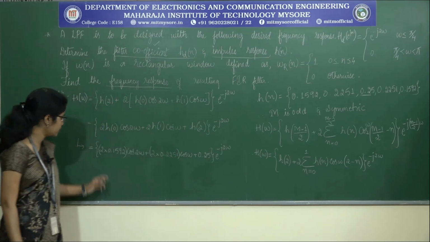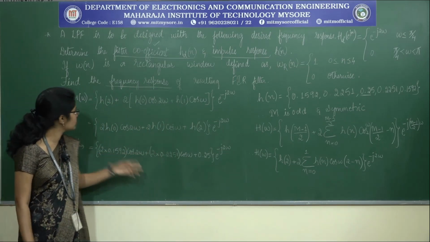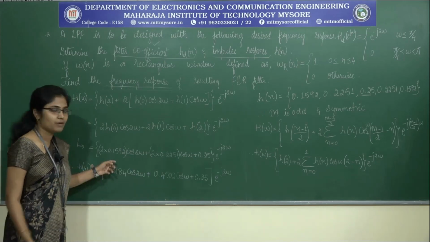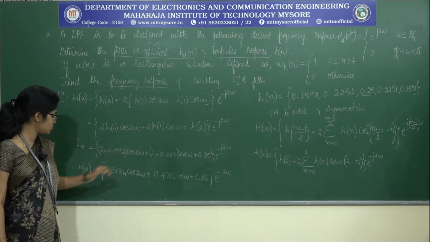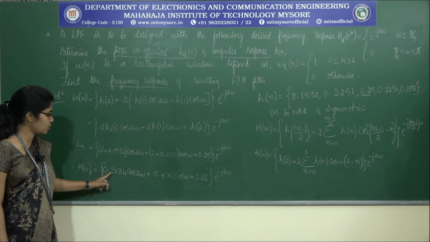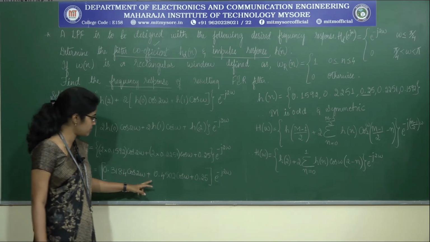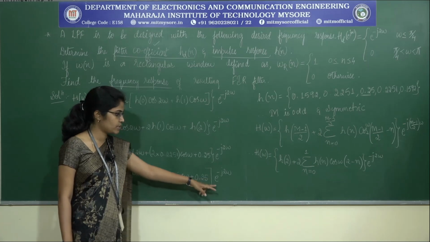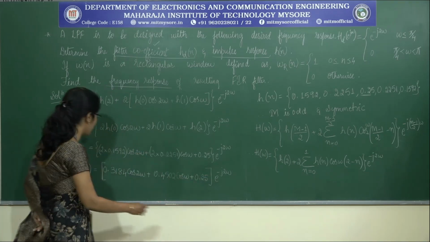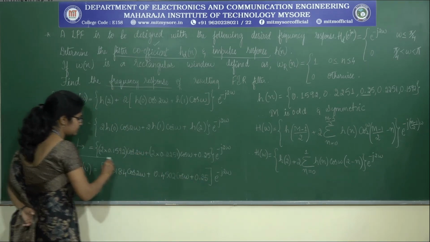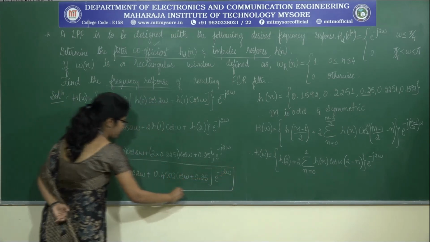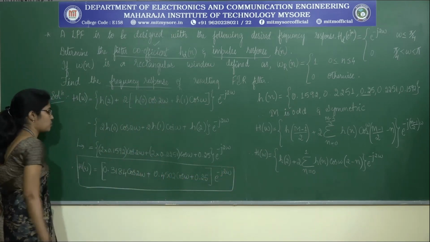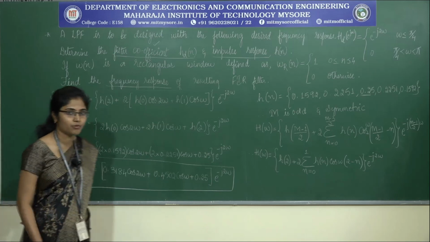In the next step I can multiply these terms which gives us h of omega. After multiplying these terms, h of omega will be equal to 0.3184 cos 2 omega plus 0.4502 cos omega plus 0.25 into e power minus j 2 omega. So this is how we can find out the frequency response of a filter using any type of window.